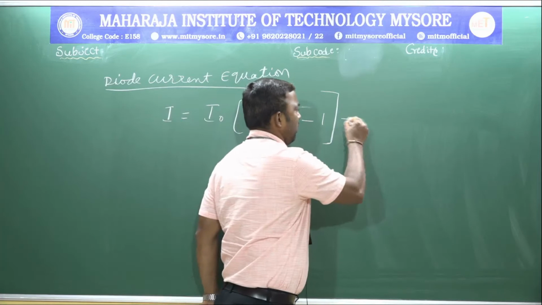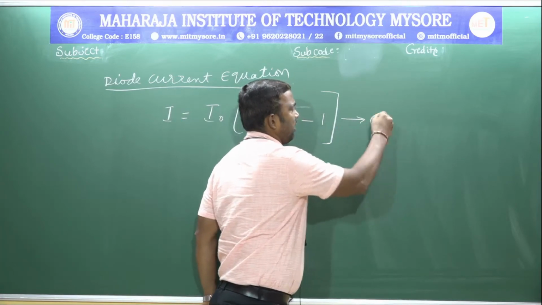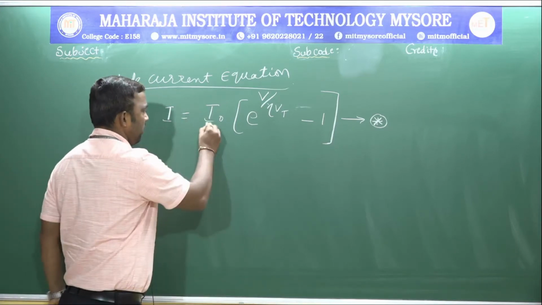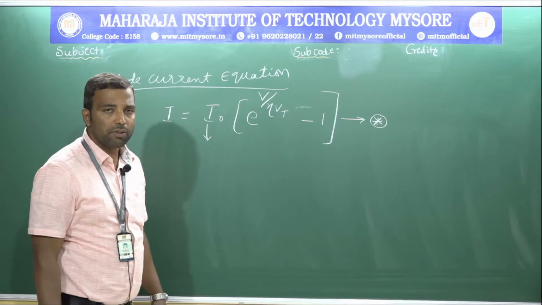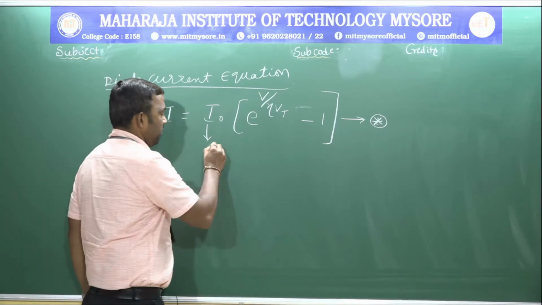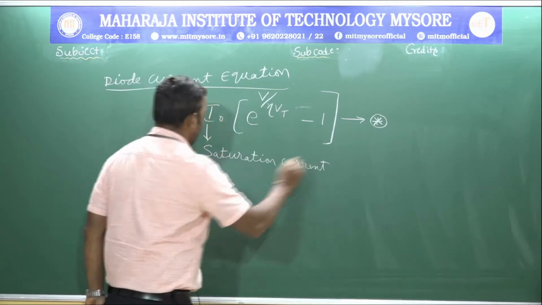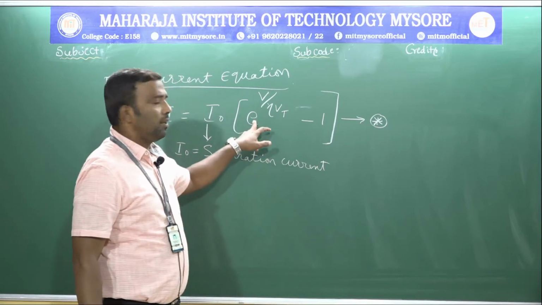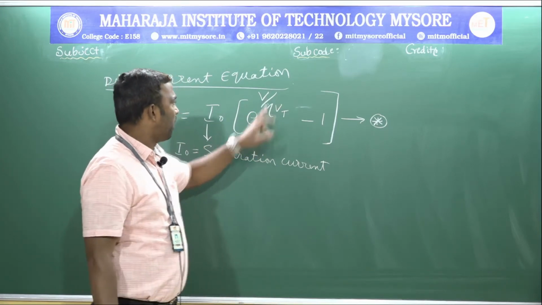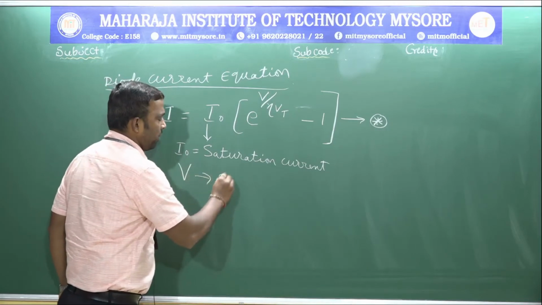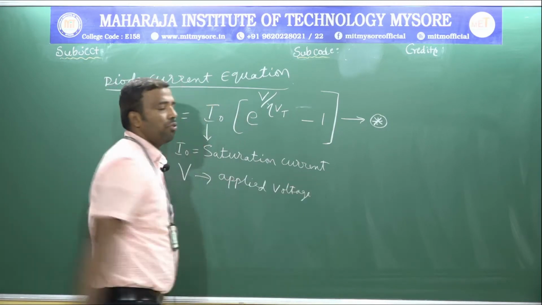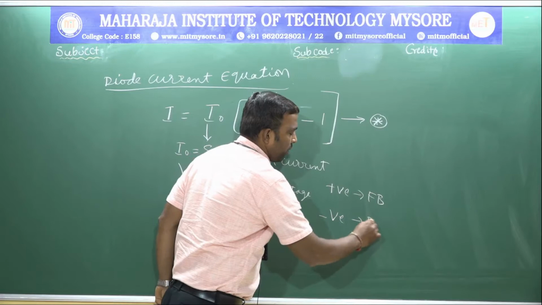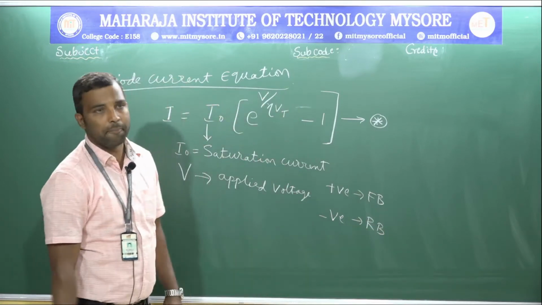I will give this the notation star, where I is the diode current and I naught is the reverse saturation current. E is the exponential term, and V is the applied voltage, which is positive for forward bias and negative for reverse bias operation.